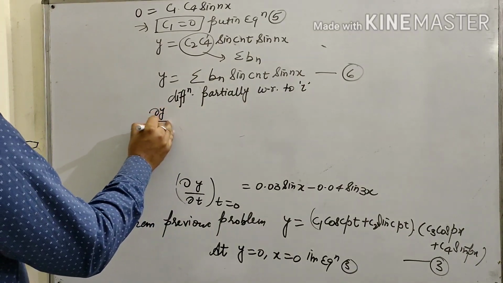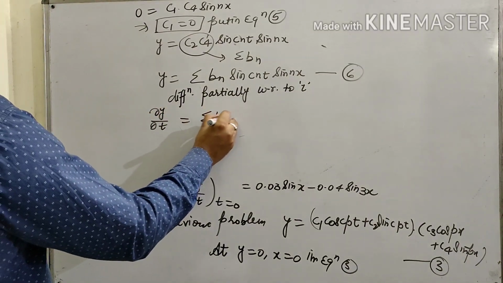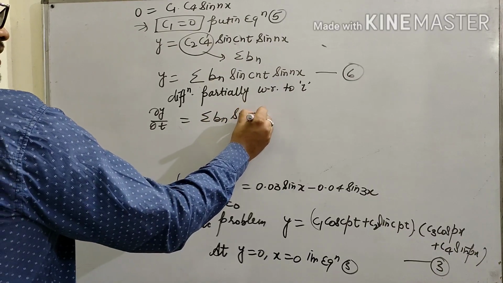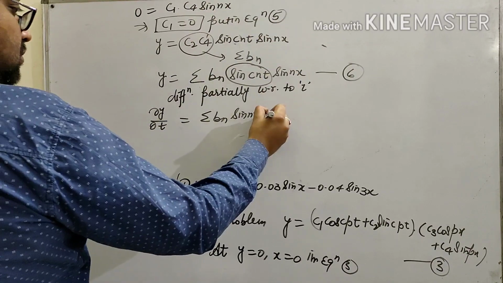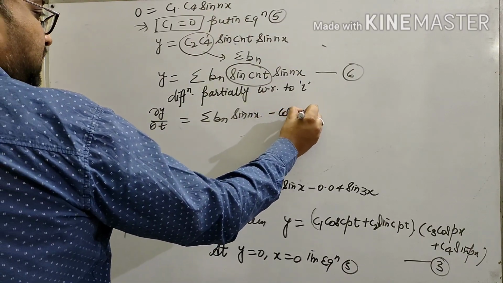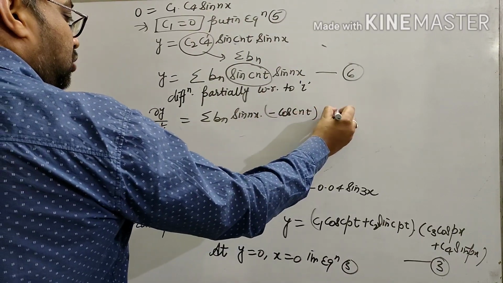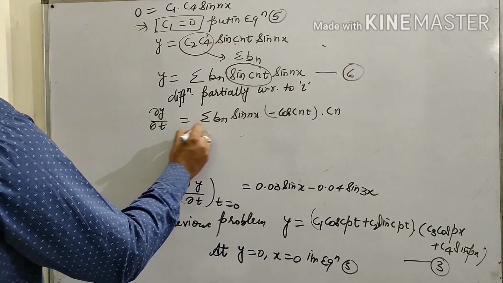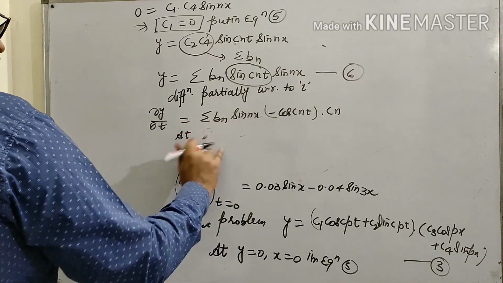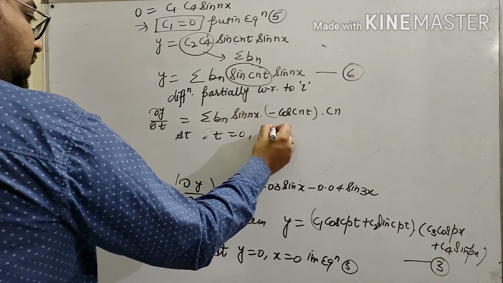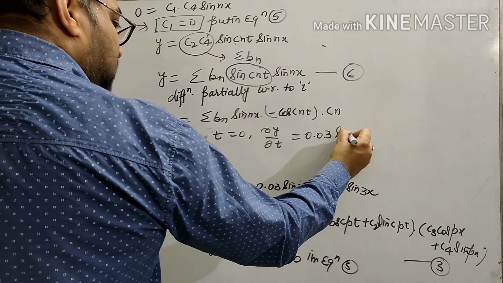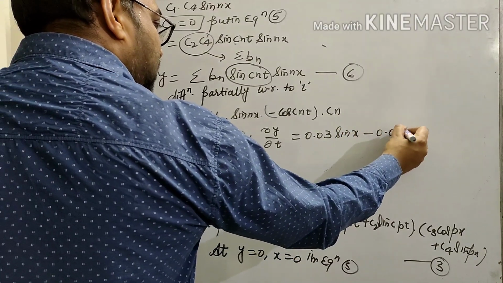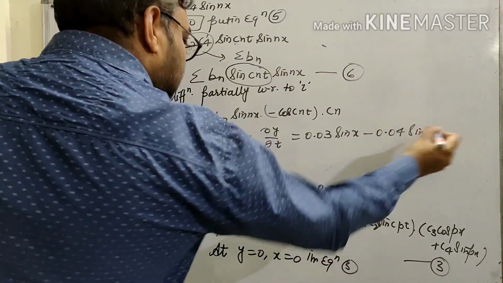So del y over del t is equal to sigma bn sin nx into the differentiation of this particular term, minus cos cnt into cn. So at t equals 0, del y over del t is equal to 0.03 sin x minus 0.04 sin 3x.